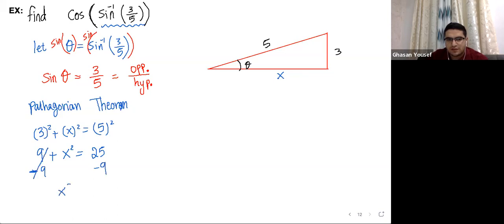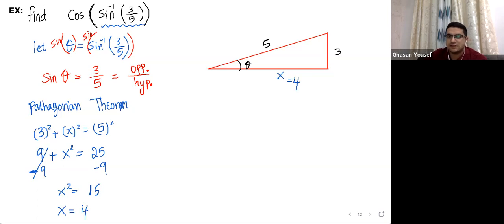So x squared equals 25 minus 9. What is 25 minus 9? It's 16, correct. Now take the square root of 16. What's the value of x? It's 4, correct. So the value of x here equals 4.